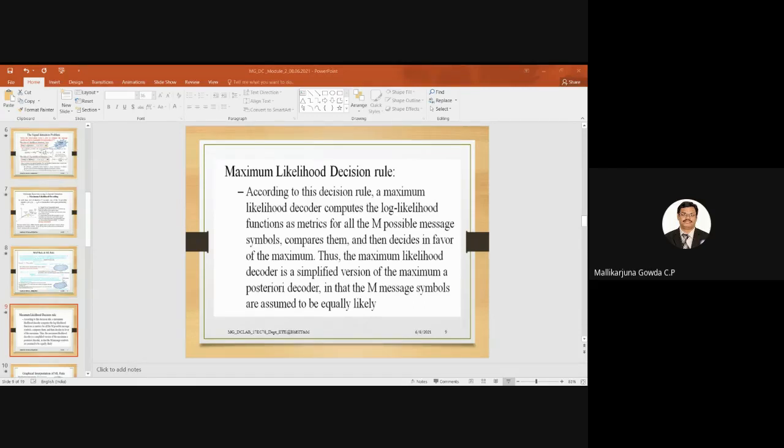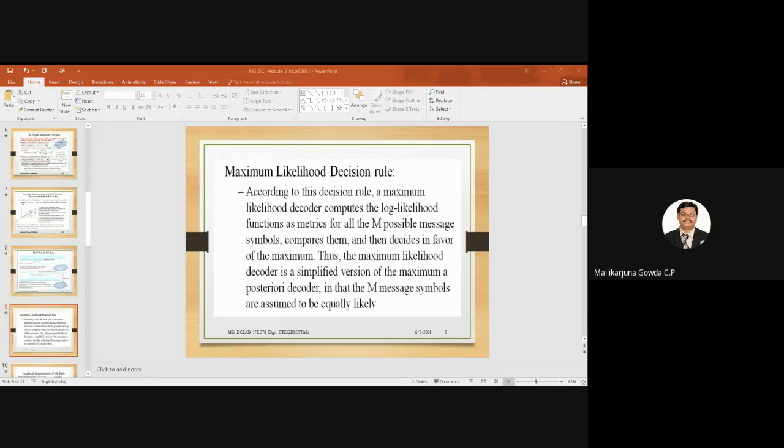So the maximum likelihood decoder is a simplified version of the maximum a posteriori decoder, in that the m message symbols are assumed to be equally likely. This is what we call the maximum likelihood decision rule. You will be able to get a clearer picture of what I told in words here with respect to a diagram.